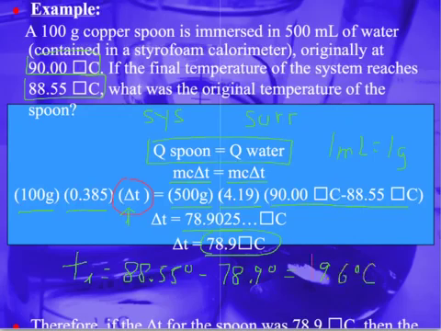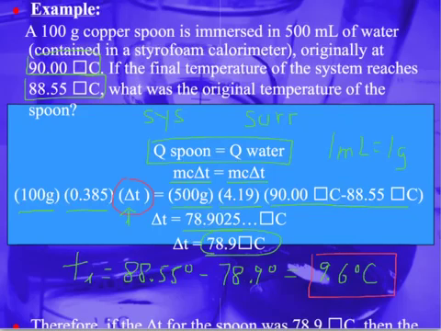So the temperature of our spoon initially was 9.6 degrees. Here we have done all the math in one step. However, if you're more comfortable doing the math in two steps, that is, finding an amount of heat lost by the water and then equating that to an amount of heat gained by the spoon, that is perfectly acceptable too.